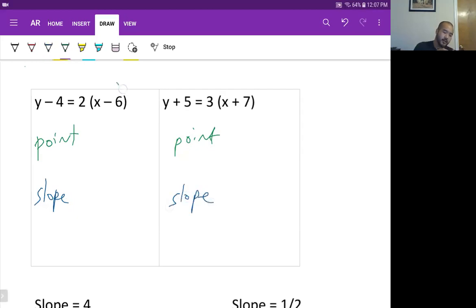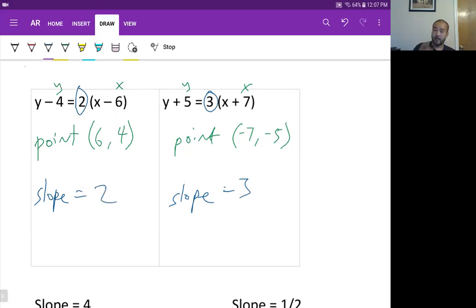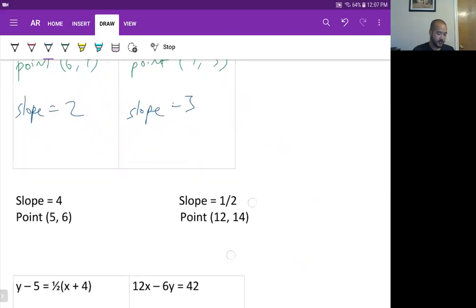So the point, this is your x value, this is your y value. So your point is 6 and 4. Over here, the sign flips. So remember you got +7 here. So that's your x, that's your y. So it's -7, -5. And then your slope is easy. It's this number here. That's your slope. So that's the identification. Easy, easy.